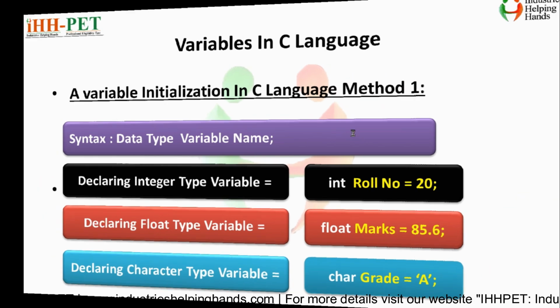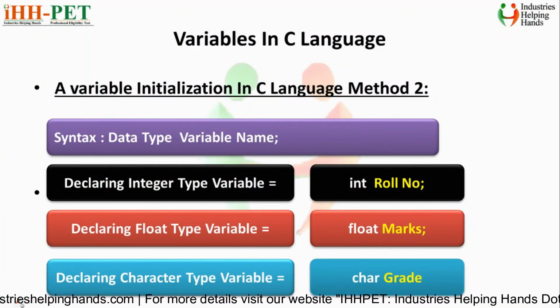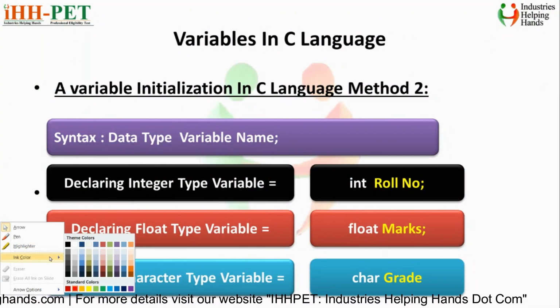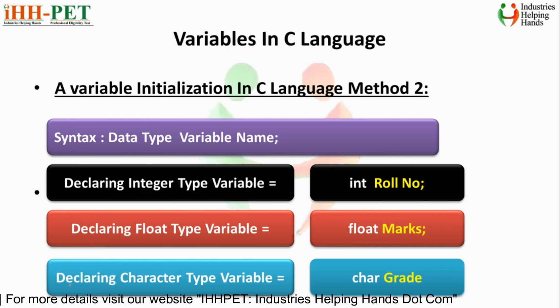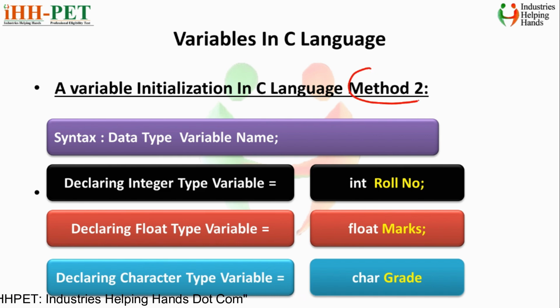Okay, now I'm switching to the next PPT. You can see here variable initialization in C language, method number 2. In this method we will use data type, then variable name.